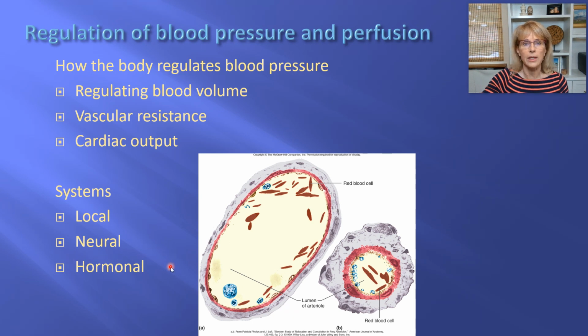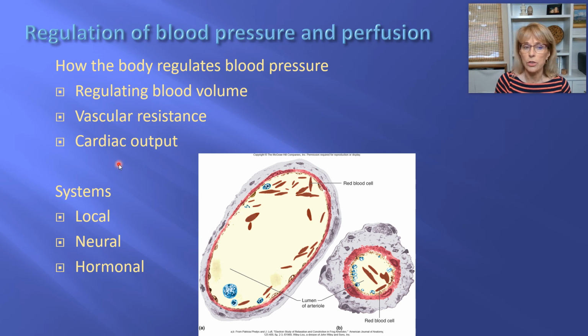There are neural mechanisms. Those neural mechanisms, we're mostly thinking about the autonomic nervous system, and we're primarily thinking about the way blood pressure is measured by the baroreceptors on the aorta and up here at the carotid artery that are talking to the medulla oblongata, and the medulla oblongata increasing and decreasing parasympathetic and sympathetic mechanisms to modulate.